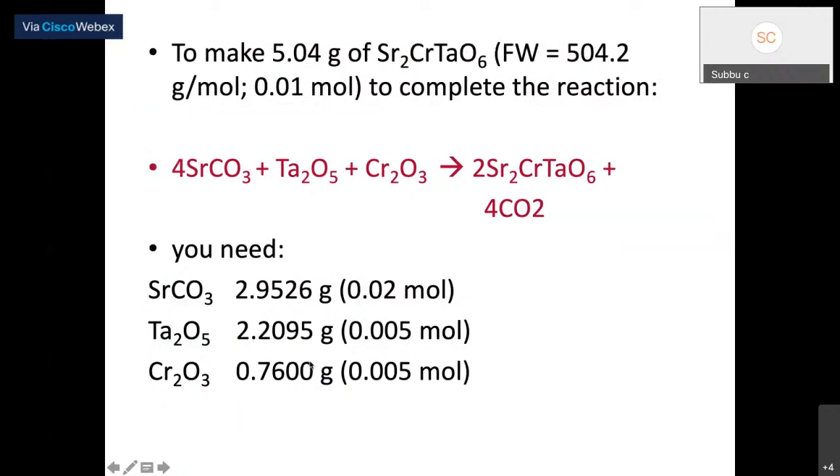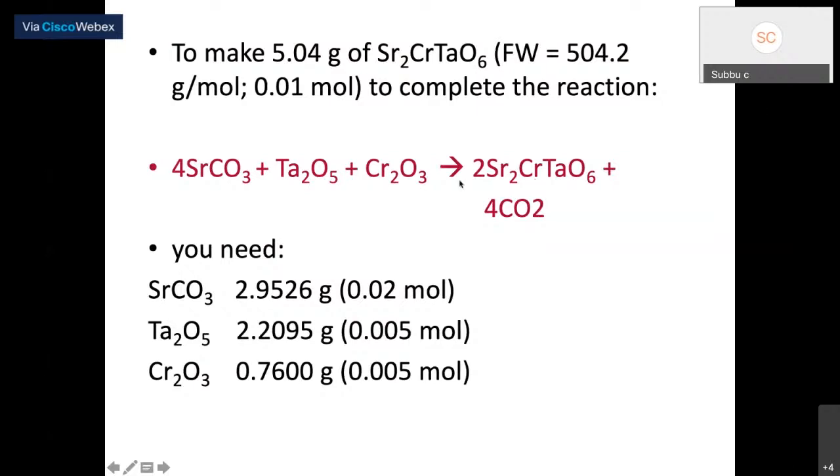That means tomorrow, if I want to prepare, say, 5 grams of strontium chromium tantalum oxide, the possible reaction is like this: 4 moles of strontium carbonate with 1 mole of tantalum oxide and 1 mole of chromium oxide. If I put these combinations, I get this compound.